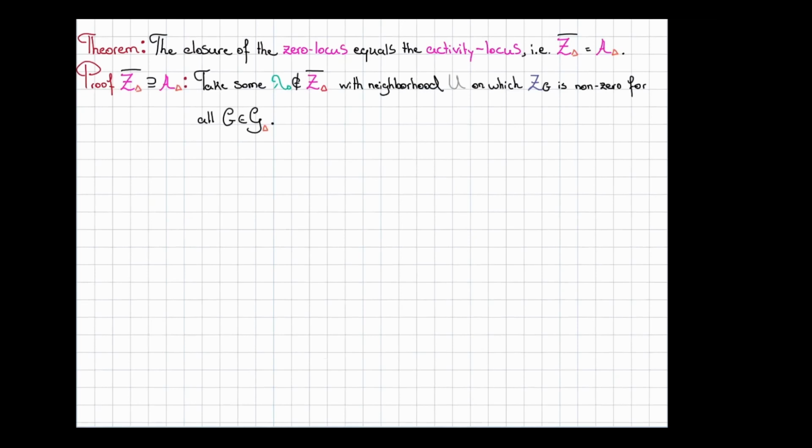If I take some lambda that has a neighborhood U on which I'm assured that the independent set polynomial is always non-zero for the class of bounded degree graphs, well, what I claim is that this ratio can never be zero, infinity, or -1 for any bounded degree graph on this whole neighborhood U. And how does that work?